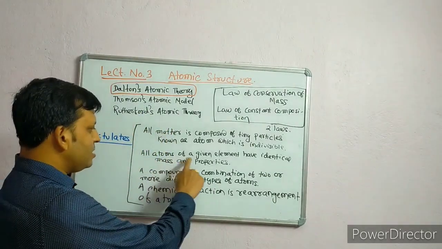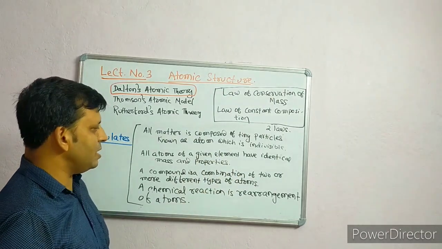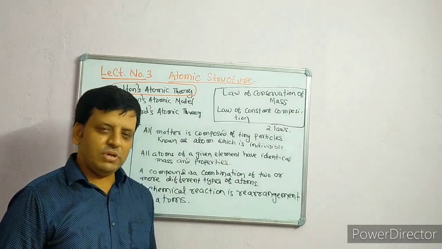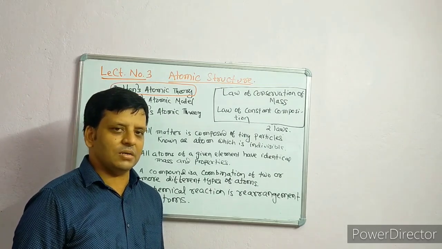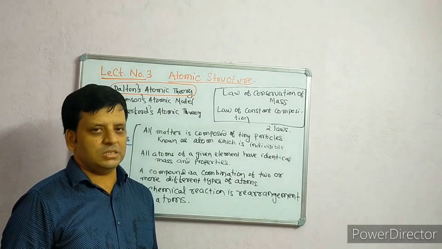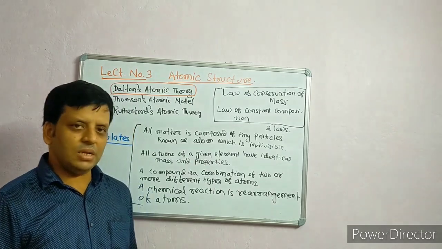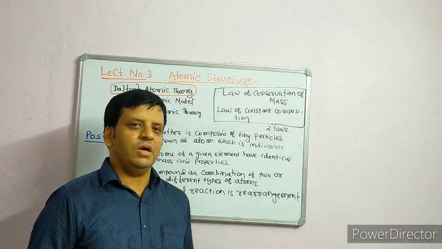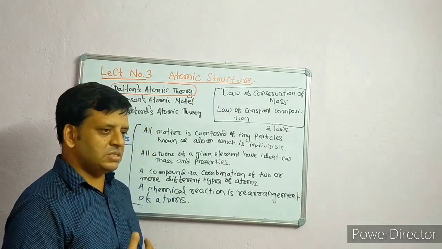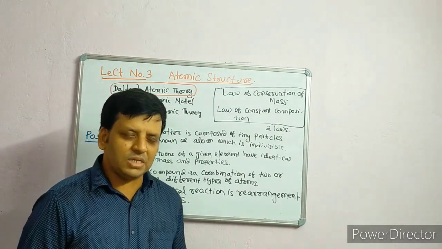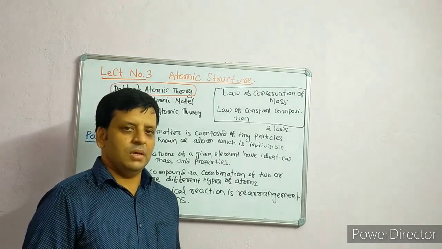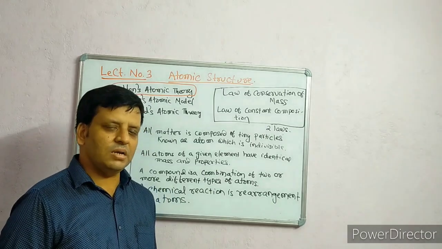Second one, all atoms of a given element have identical mass and properties. So that means if we take two carbon atoms, they should have identical mass and properties. If we take 5 chlorine atoms, they should have identical mass and properties. Let us take 15 hydrogen atoms.